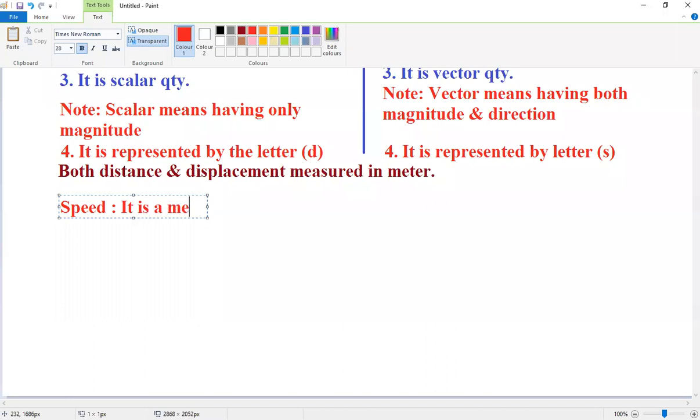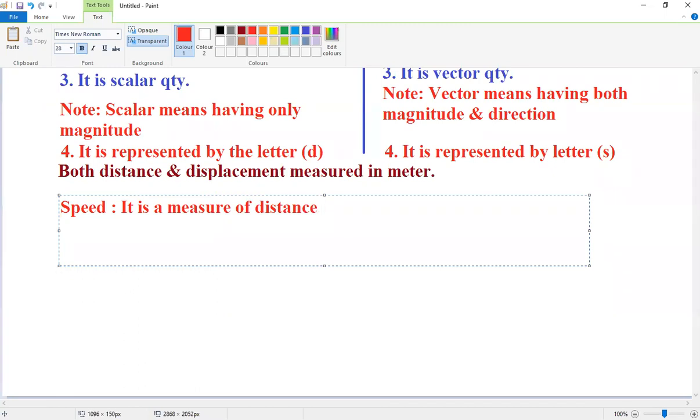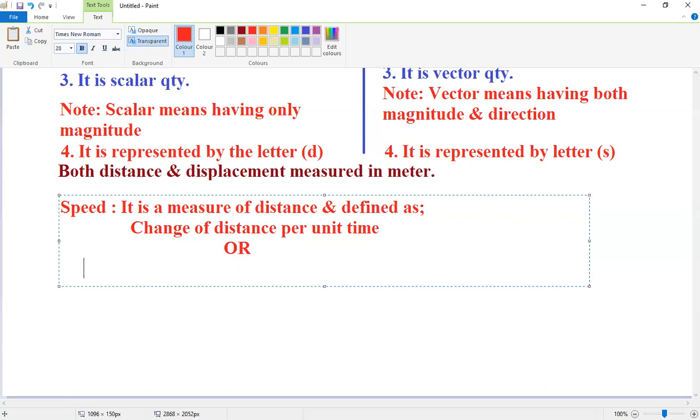Speed is a measure of distance and defined as change of distance per unit time, or rate of change of distance.